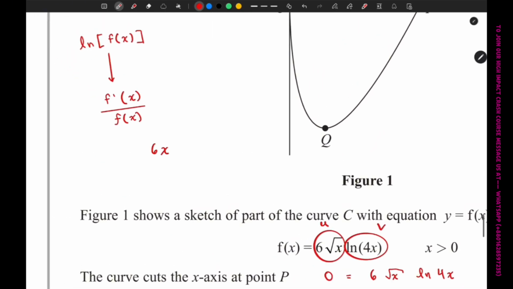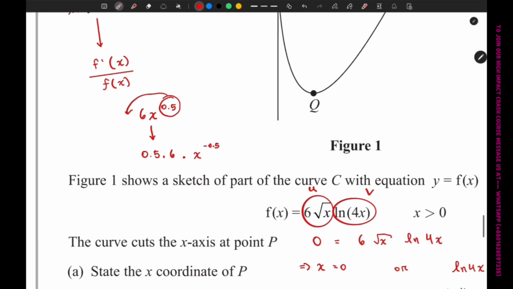So 6 root x is 6x to the power 0.5. If we differentiate this, the power will come to the front, so this will be 0.5 times 6 times x to the power, and you need to subtract 1 from the power, so this becomes negative 0.5.